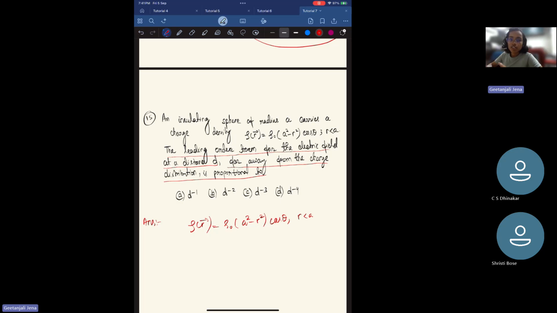So we need to find out what is the leading order term for the electric field at a larger distance. So it's related to multipole expansion. I would request you to find out what is the leading order term. Just check which one is dominating, whether it is monopole or whether it is the dipole which is dominating. Check it and let me know the answer.